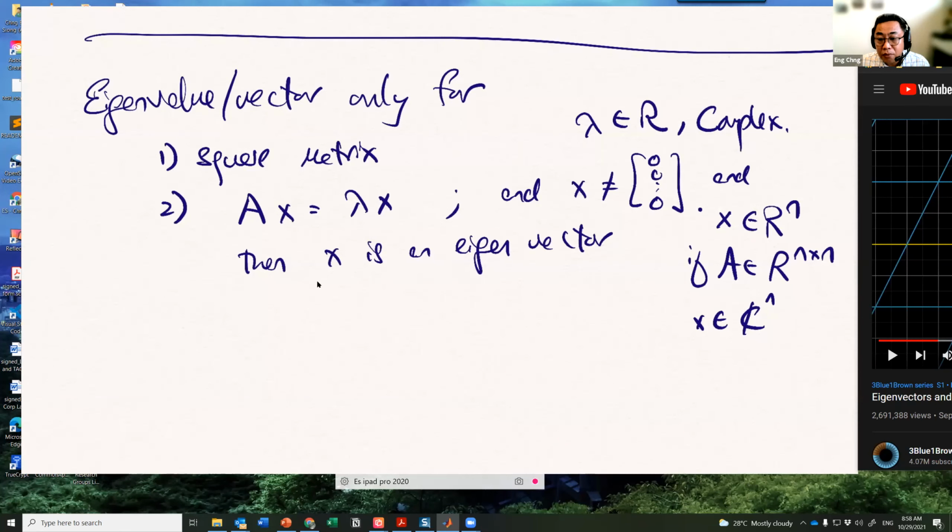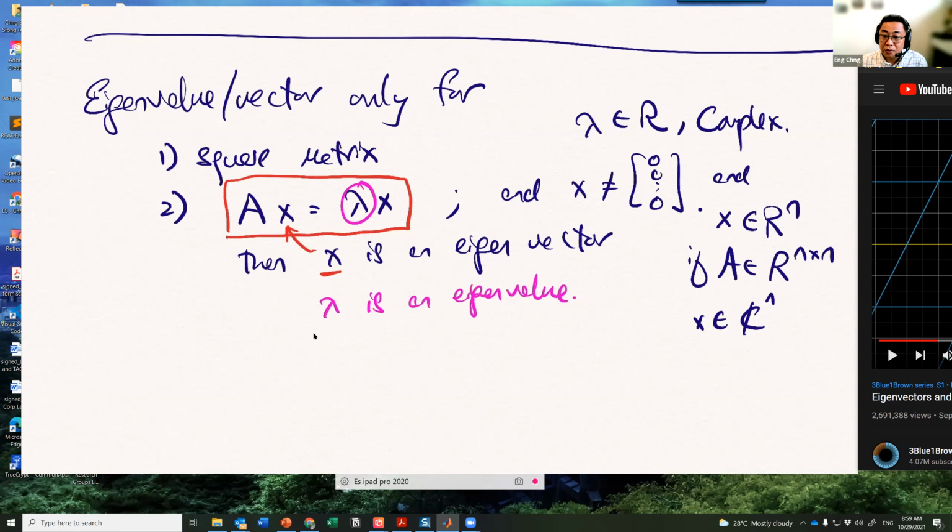All right, so if this equation holds, then X here is an eigenvector and lambda here is an eigenvalue.